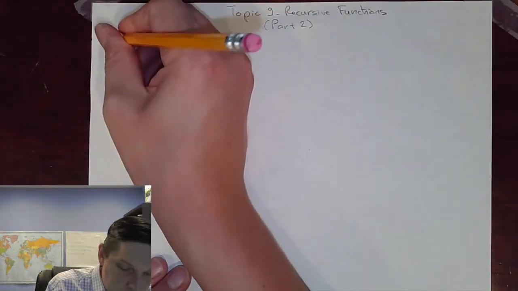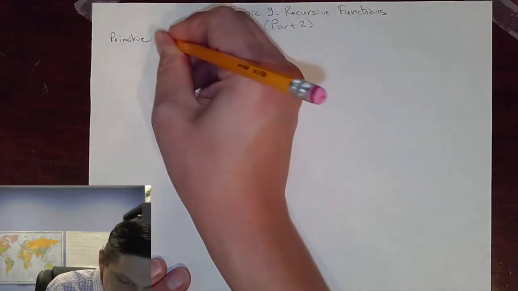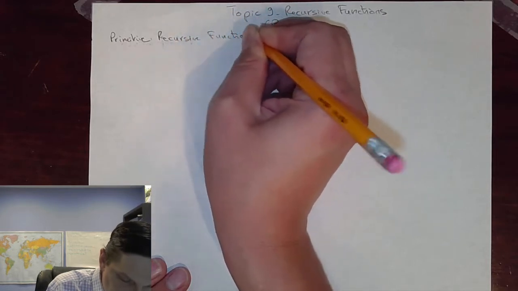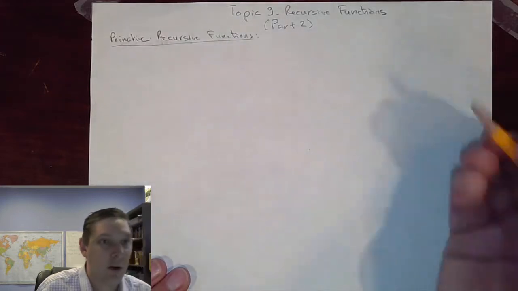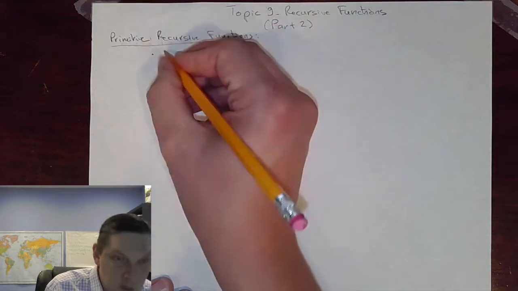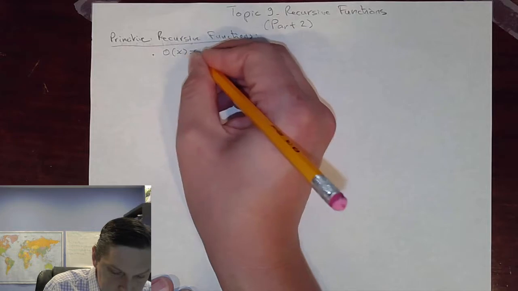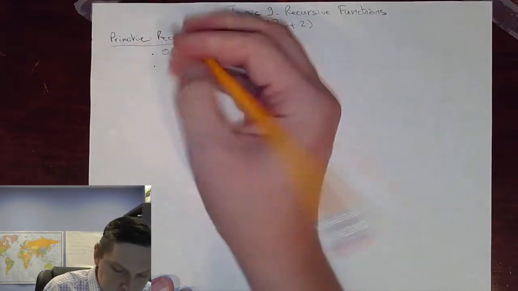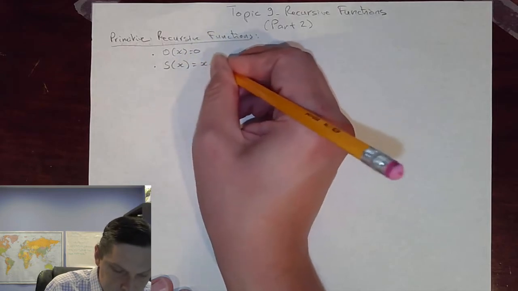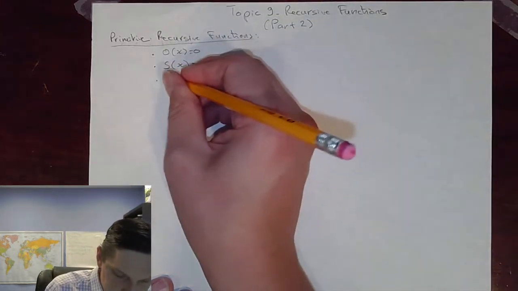We talked about primitive recursive functions. And primitive recursive functions basically contain the initial functions, the zero function, basically, right? Zero of x equals 0. You have the successor function, the +1 if you want. And we have the identity or projection function.